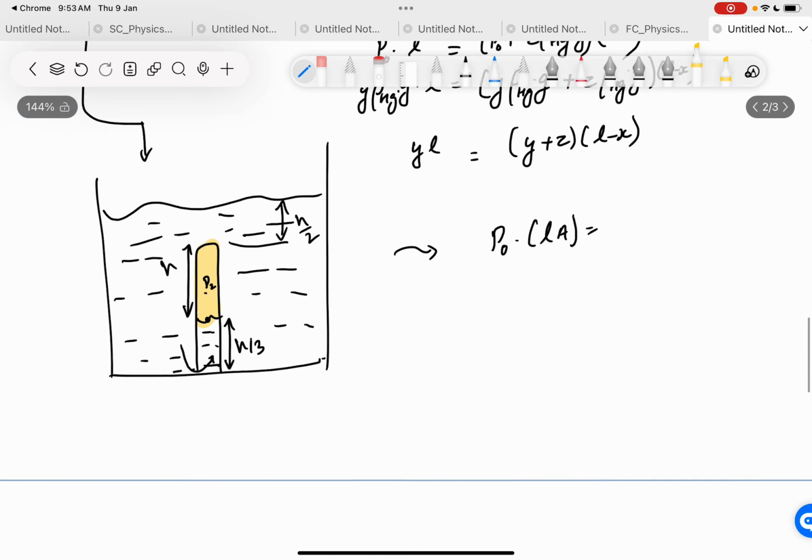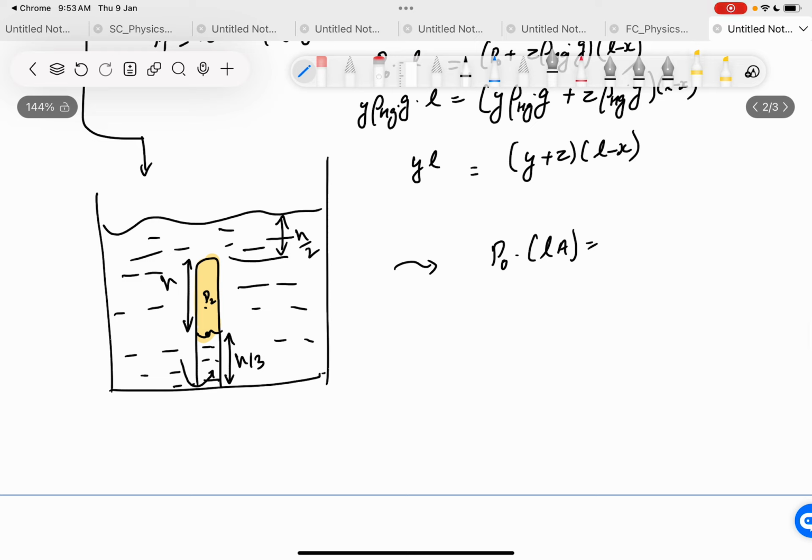So now we can write PV is constant for the gas, therefore it is P2 multiplied by its volume. What is its volume? If they have given you that this is equal to H itself, you just write H multiplied by A. Only for the yellow colored region, that much of length we want, right?